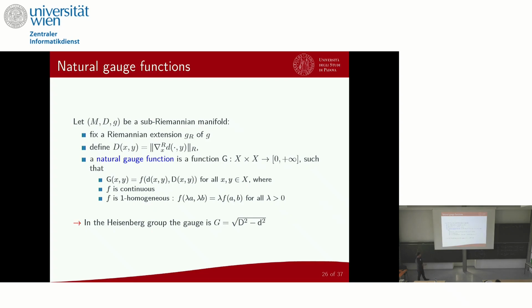In the Heisenberg group, our gauge, when you see it as a function of the point, is exactly one homogeneous, and it is expressed in this way. It is, as I was saying, the vertical part of the covector or of the gradient, because this is the full gradient and you're removing the horizontal part. Just to explain in a few words.